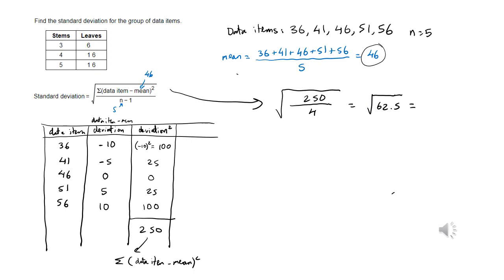And that would give us 7.90569 and so on. If the question is asking us to round to the nearest hundredth, so 2 decimal points, that would be approximately 7.91, and that would be our final answer.